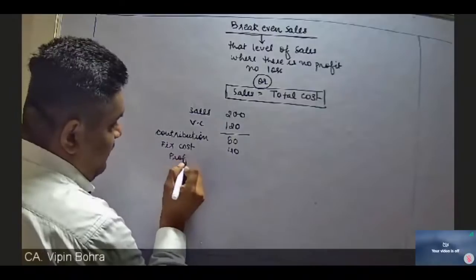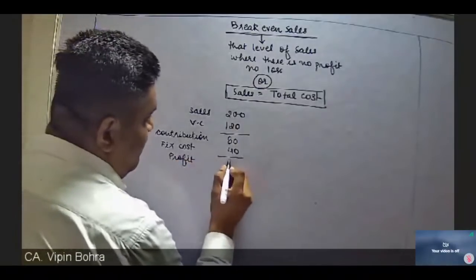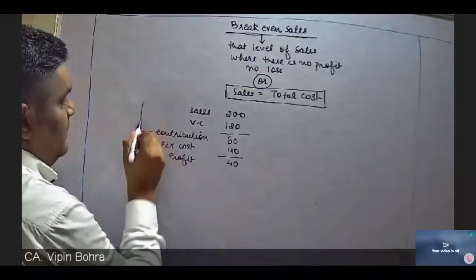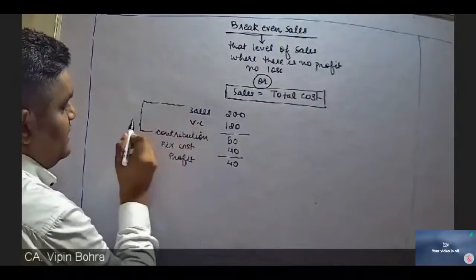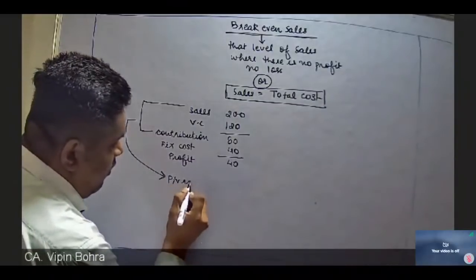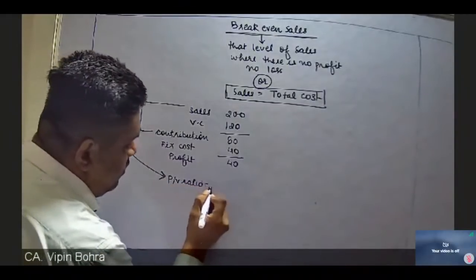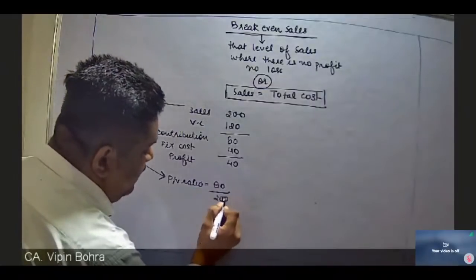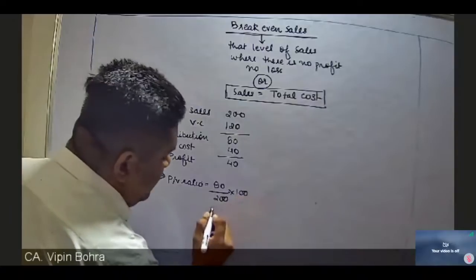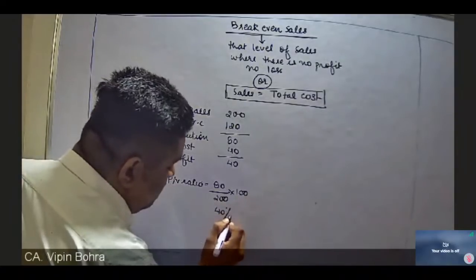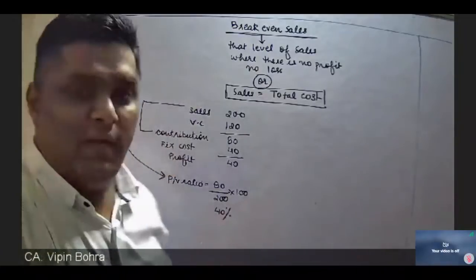Therefore, my profit will be how much? The relationship between contribution and sales we call PV ratio. That is 80 divided by 200, that is 40%. Hopefully this part is clear till now.